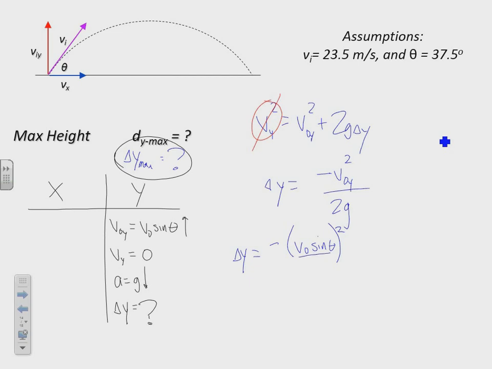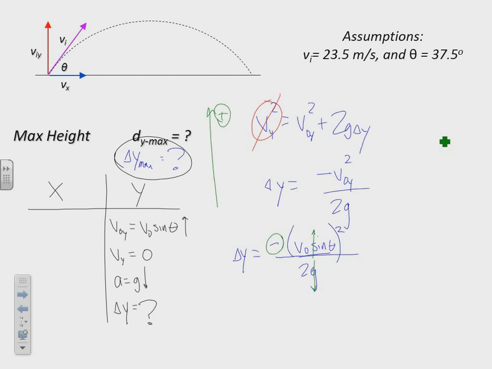Here's v naught y. Don't forget to square it. Divide by 2g. Now the negative, again, is because v naught y is upward, g is downward, and the negative makes delta y come out upward. Let's say that we're using that sign convention.